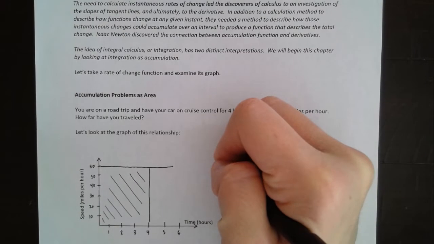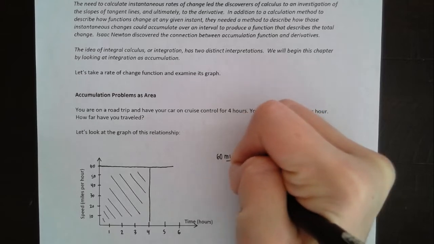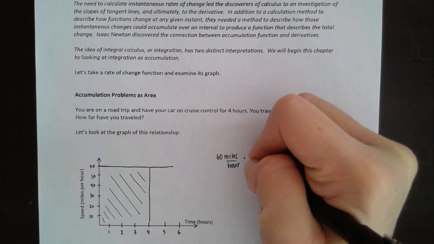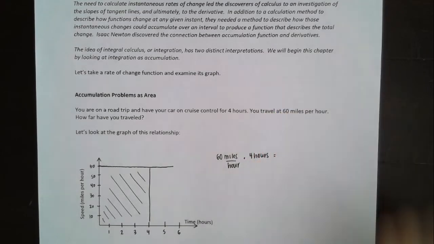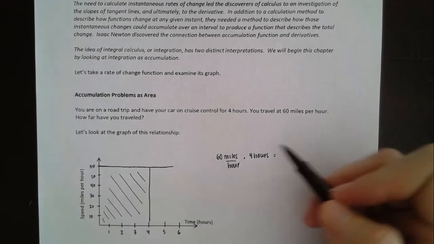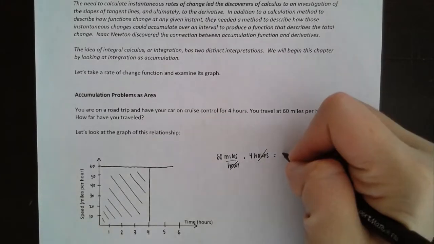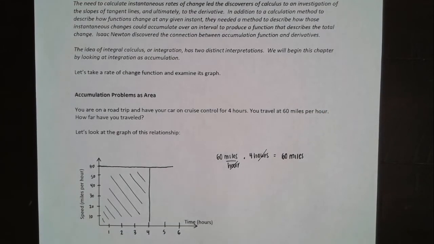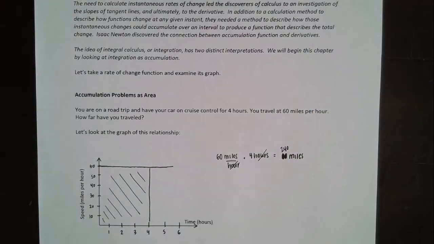And in this case, we're multiplying our speed of 60 miles per hour times our time of 4 hours. We'll notice that our units of hours actually end up canceling out here, and we're just left with miles, 240. Sorry, not 60. 60 times 4 is 240.